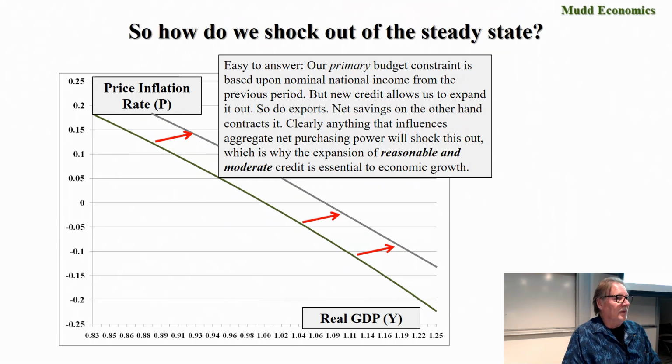How is it possible then for the economy to have consistent 2 and 3% growth rates in real terms? One of the answers is because of our access to credit. So we're jumping ahead a little bit with that. Now we have our downward sloping demand curve, which we can shock by providing credit.